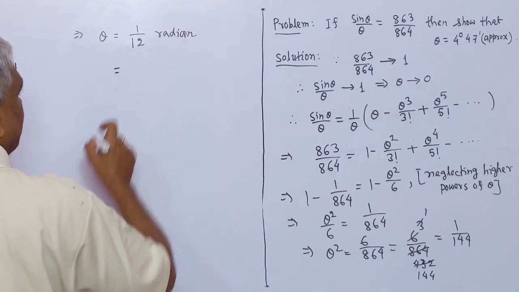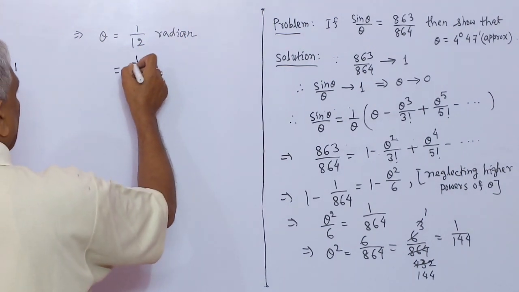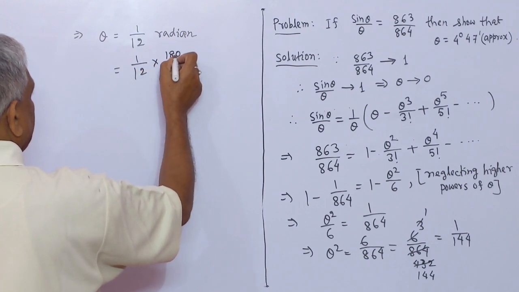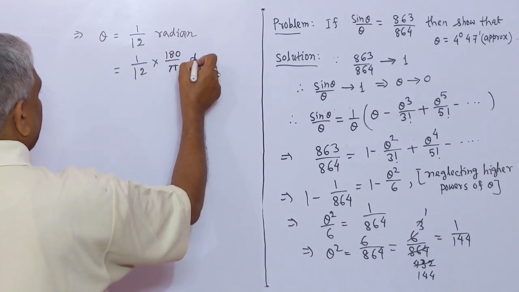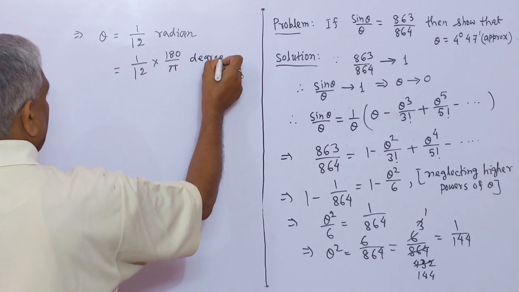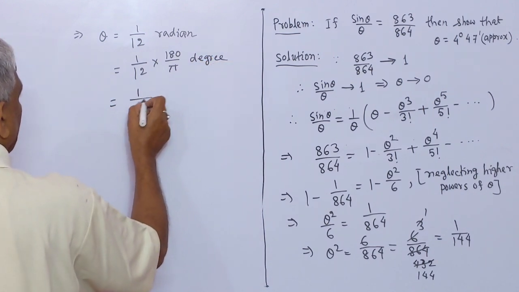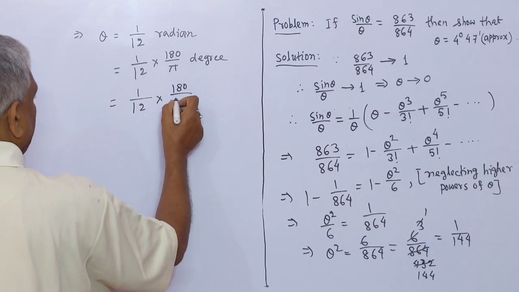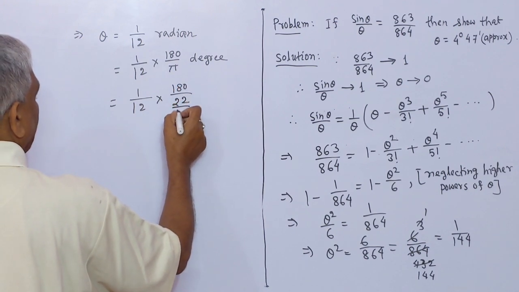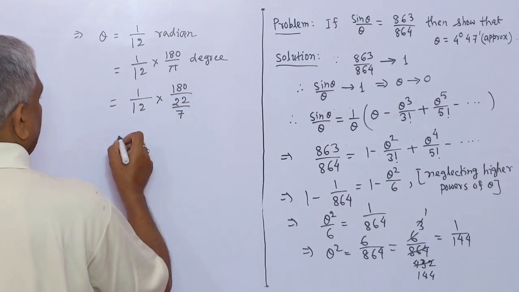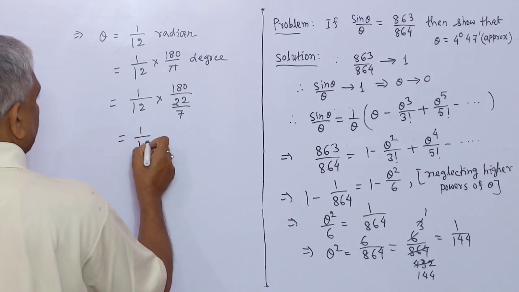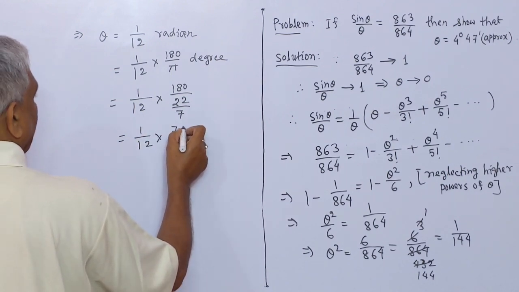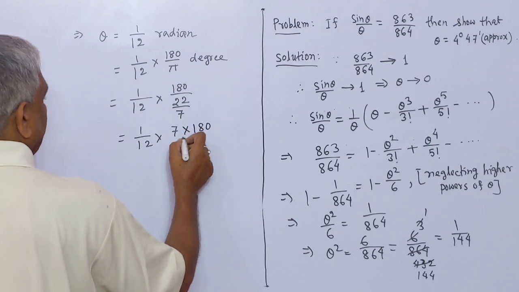We convert this into degrees. 1 by 12 multiplied by 180 by pi degree, and this will be equal to 1 by 12 multiplied by 180 by 22 by 7, which is equal to 1 by 12 multiplied by 7 multiplied by 180 by 22.